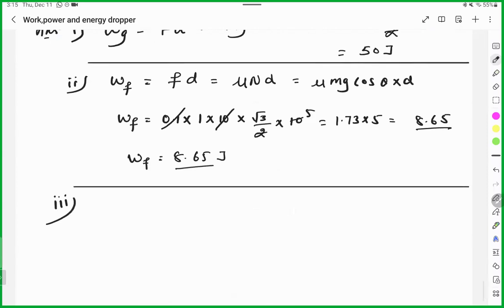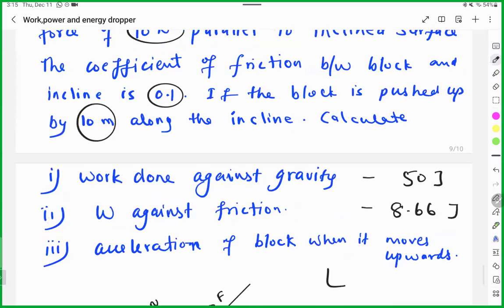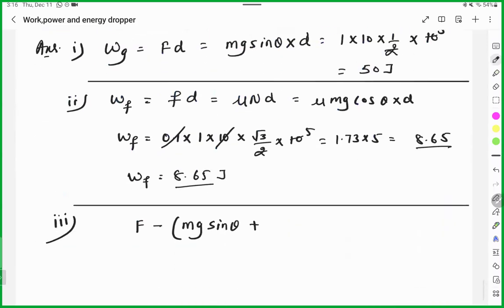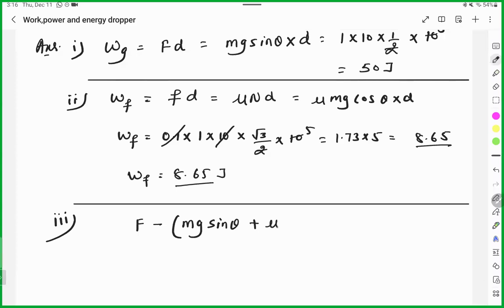Yes, sir. So if you see, upward direction is the force, downward direction is mg sin theta, sir, do we have to consider friction in this case or not? Absolutely we have to, that's why the value 0.1 is given for mu, right? So mg sin theta and mu and this friction equal to ma.